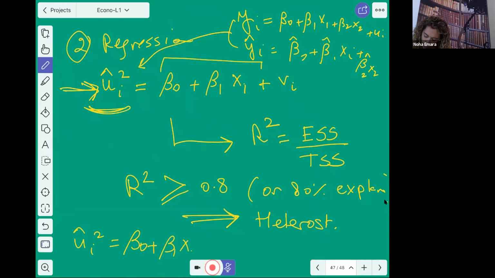So this is x2i, okay? And this is the error term of this regression. And again, you check the R square of this regression. It might be the case I have heteroskedasticity with x1, but I don't have a heteroskedasticity with x2.